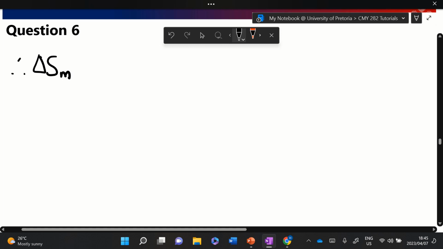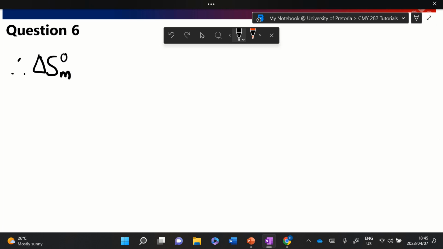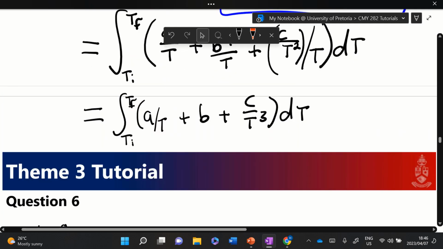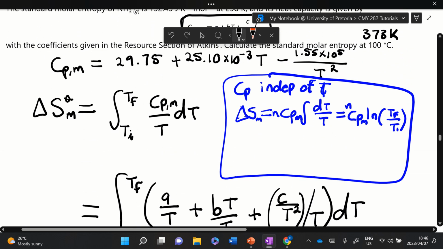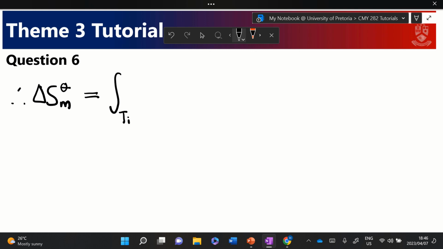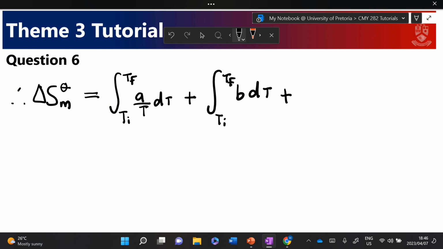So delta S molar, we can call it standard actually now, because it is standard, is then equal to, let me split up the integrals: the integral from Ti to Tf of A over T dT, plus the integral of B dT, plus the integral of C over T cubed dT.